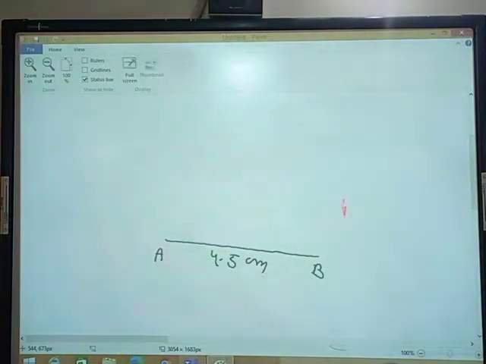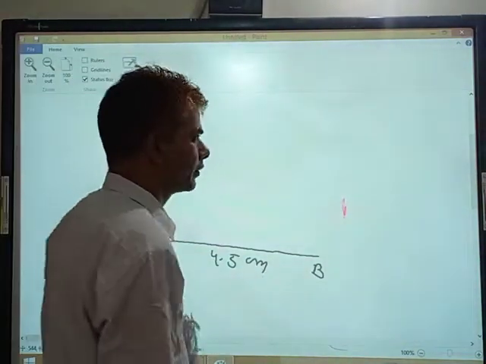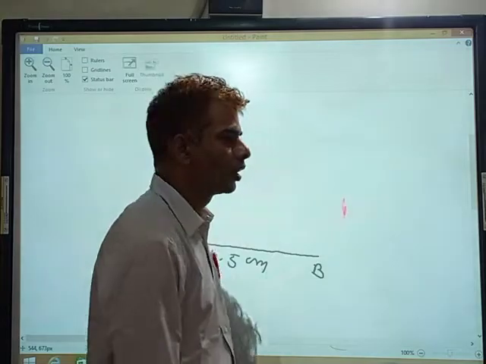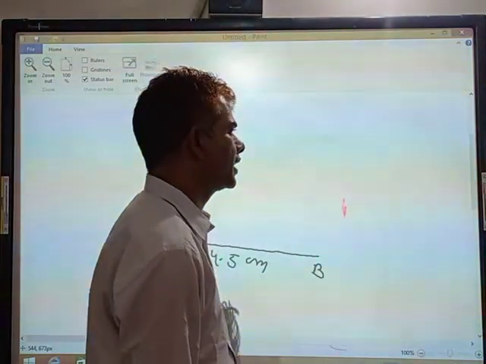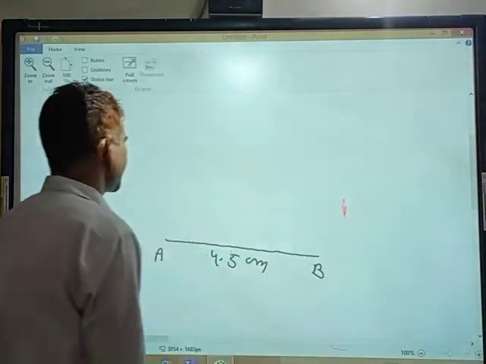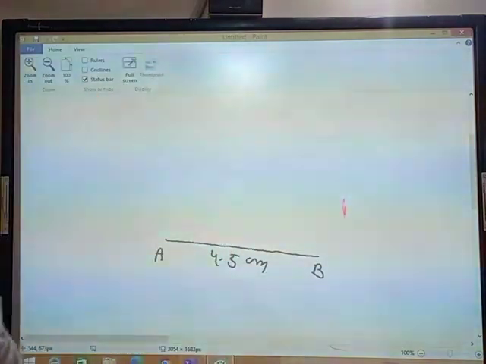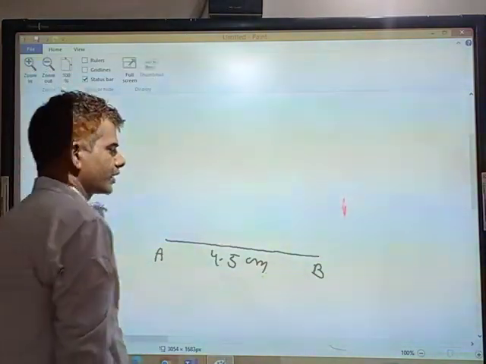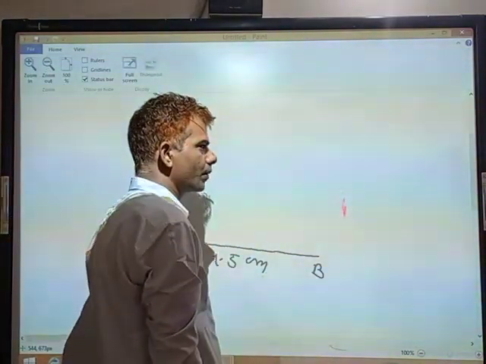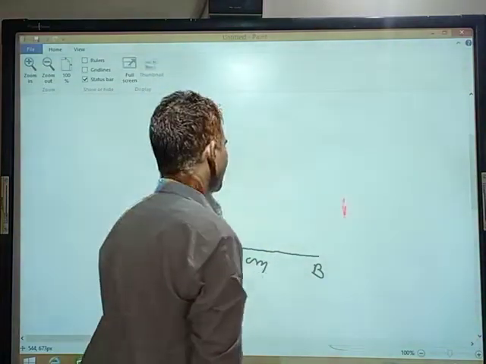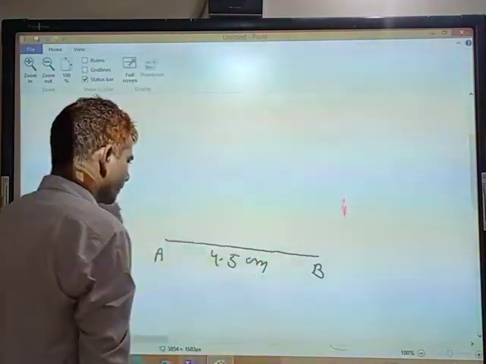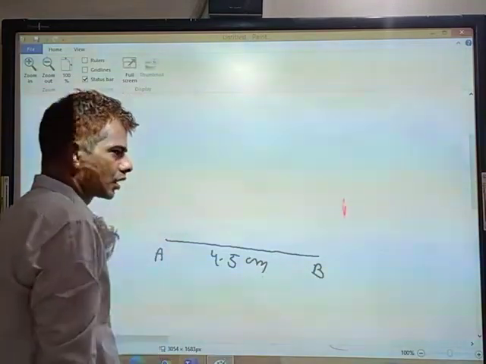BC is 5.5 centimeters. Open the compass of radius 5.5 centimeters. Have you opened the compass of radius 5.5 centimeters?